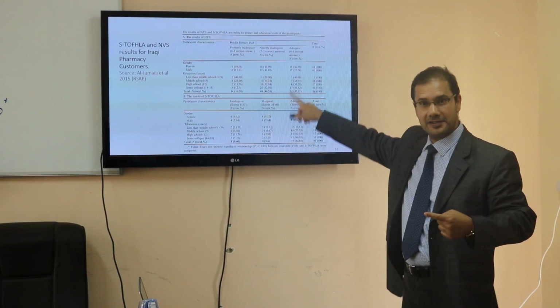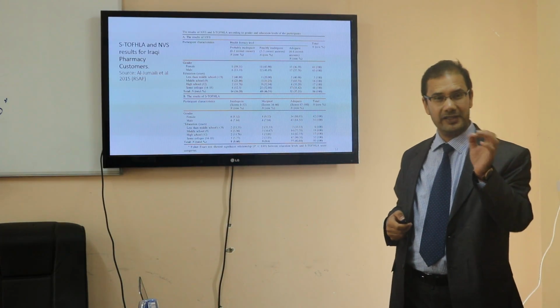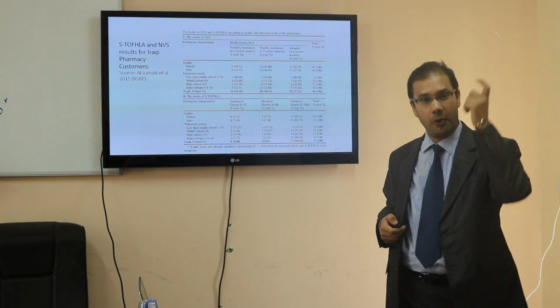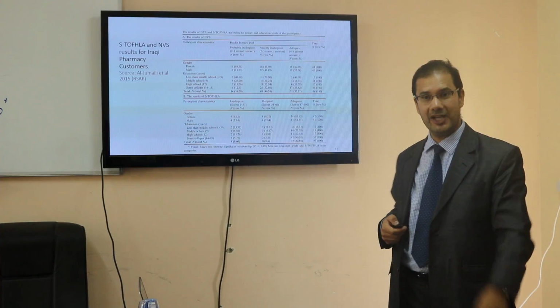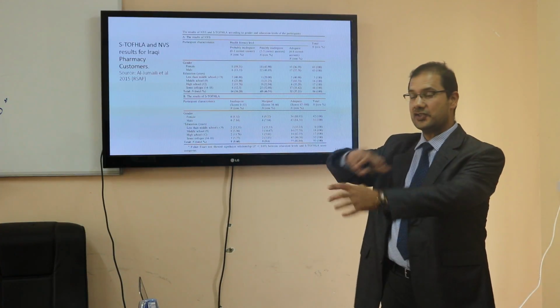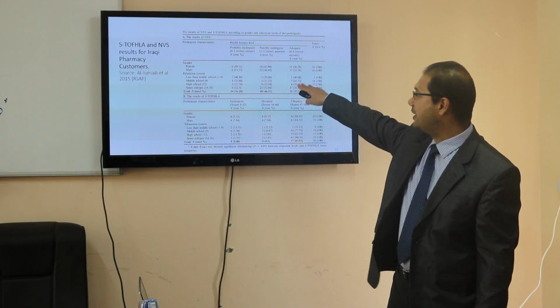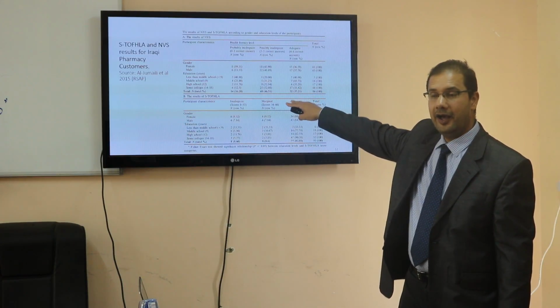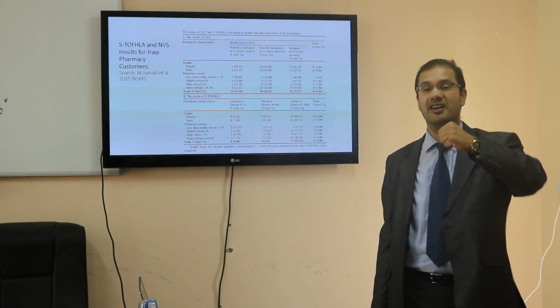This is the summary of this table. With NVS, the test about the label, only a third of the participants had adequate health literacy. Imagine, the results are opposite. They did very well in the Law, and they didn't do well in the NVS. The same participants. That means it's a harder test.